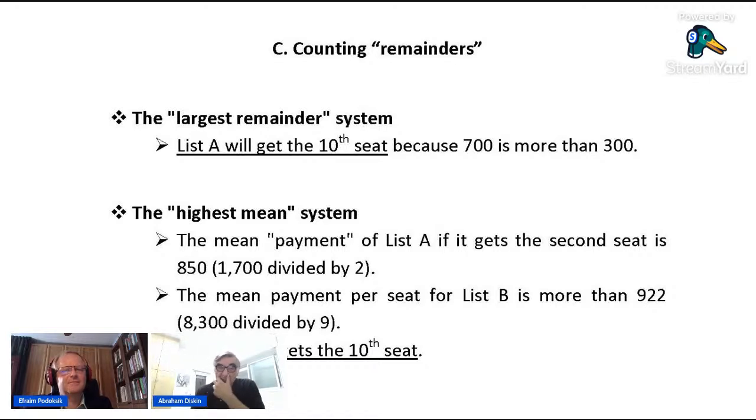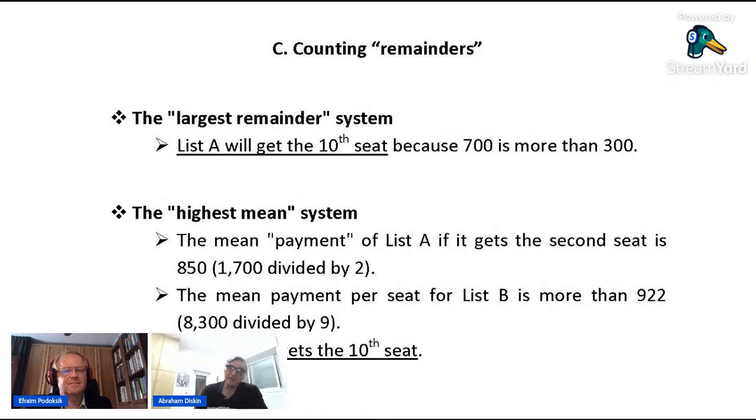The system, by the way, was first invented, I think, by an English person by the name of Thomas Hare in the 19th century. Then different countries moved to some other tricky calculation because they really wanted to make some kind of a trick in order to help, for instance, the large parties.